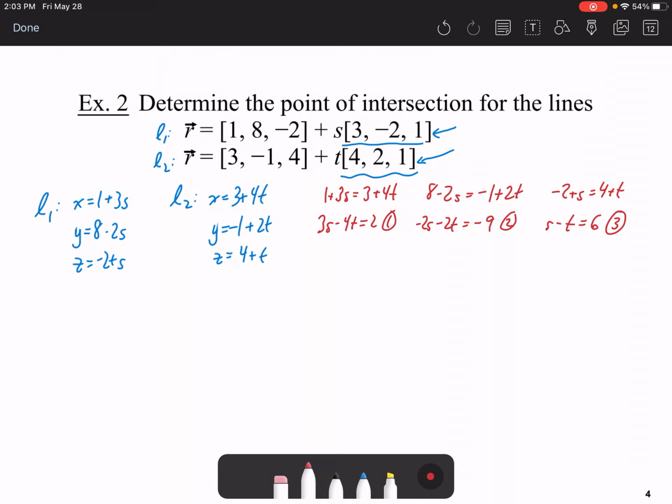So, choose any two equations and solve for s and t. So in this case, I'm going to choose equations 2 and 3, and I'm going to solve for s and t. And again, I'm going to use elimination or substitution.